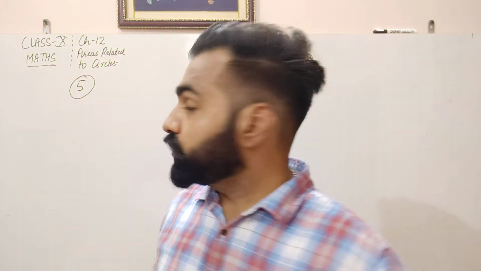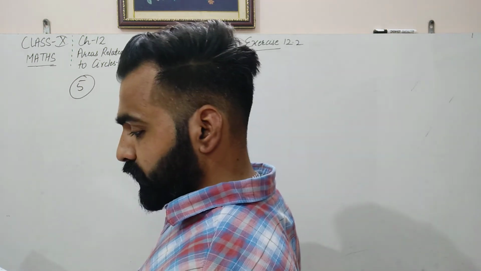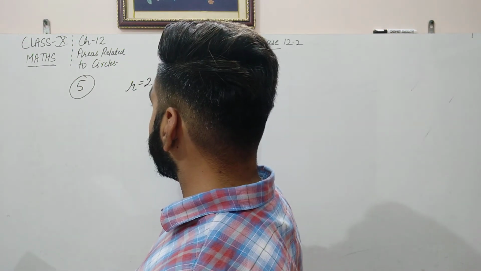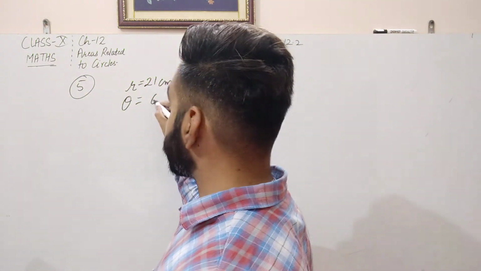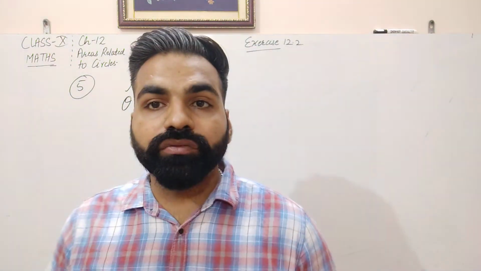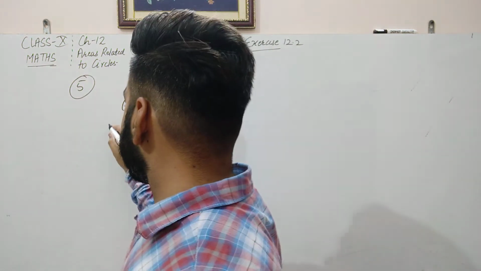In a circle of radius 21 centimeter, an arc subtends an angle of 60 degree at the center. So there is a circle with radius 21 centimeter. Theta is equal to 60 degree. So we have to find the length of the arc first.